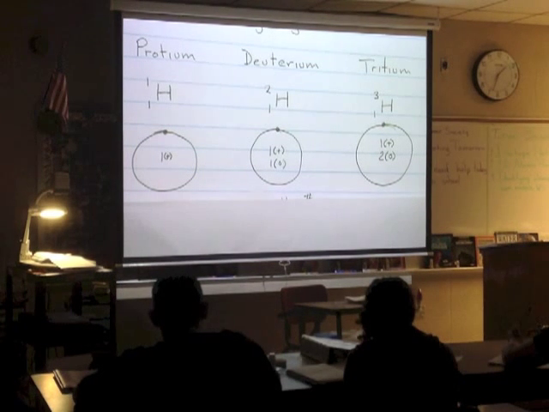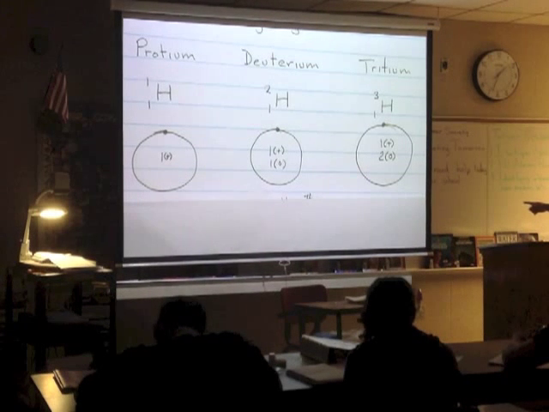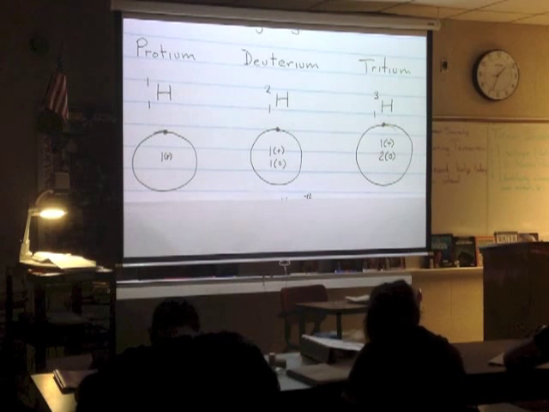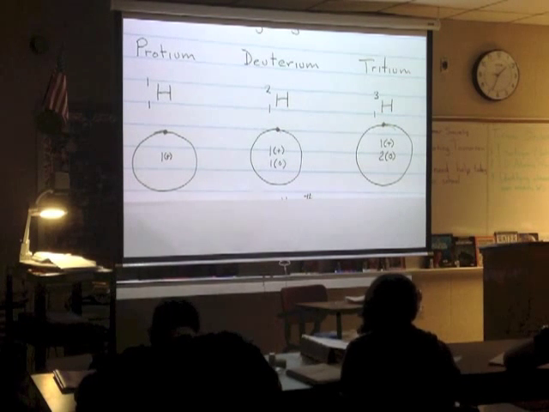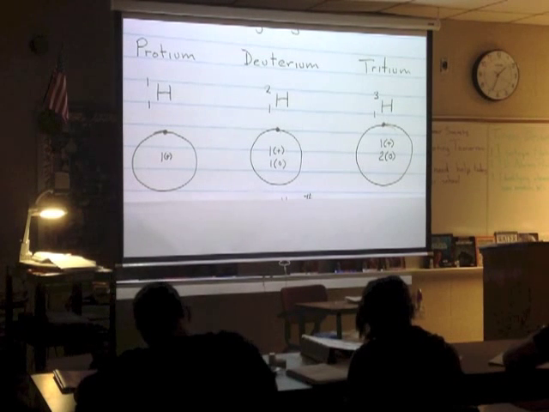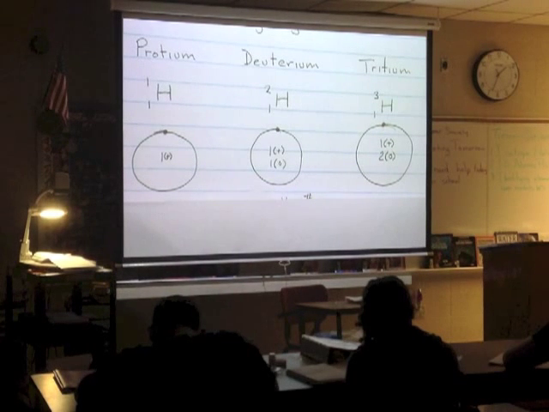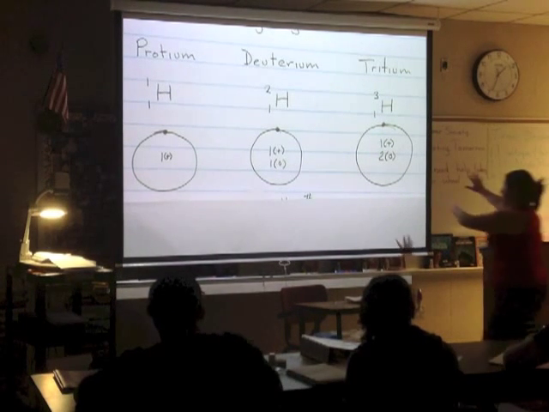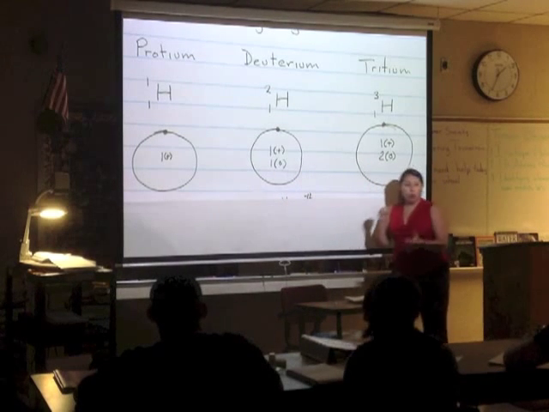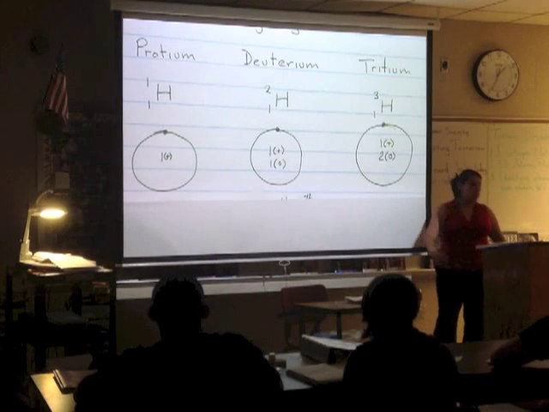Do protons ever change if we're talking about that element? No. So, very important. What do you count when you're going to look for what element it is? If I just gave you these pictures right here, what do you always look at to find out what element that is?